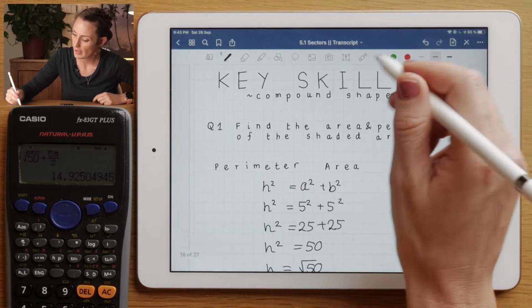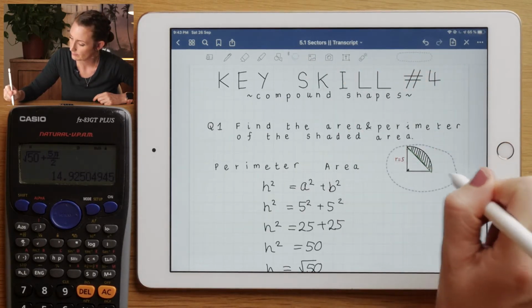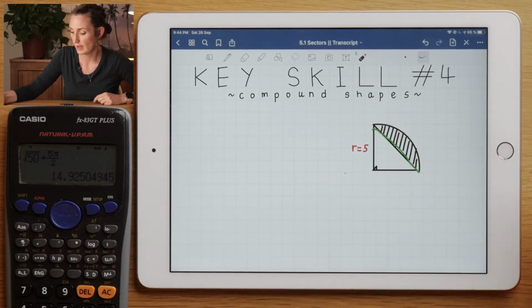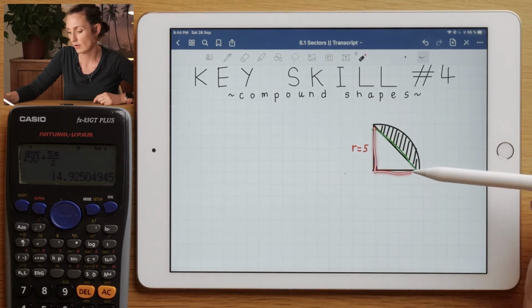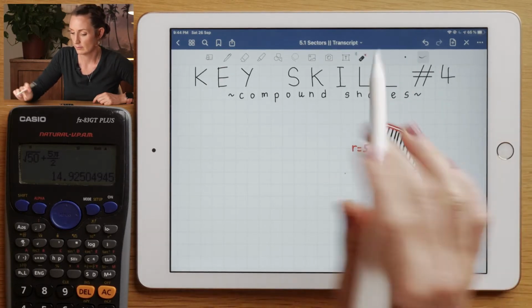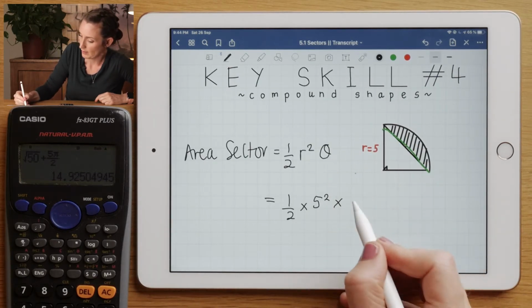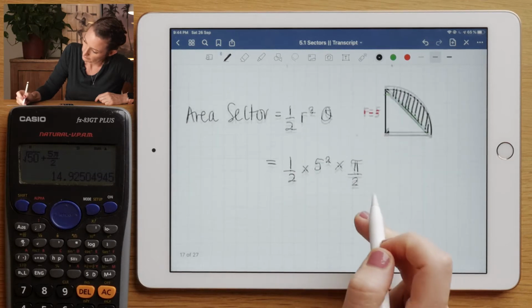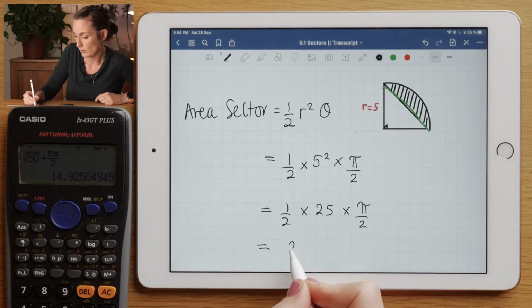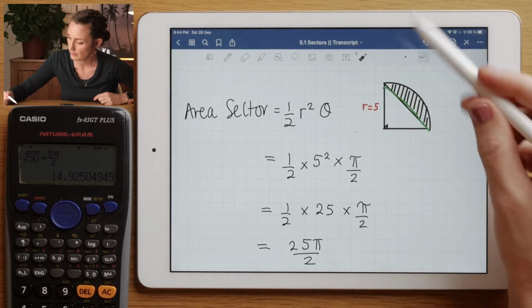Let's have a look at what the area of the shaded region would be. We could start with calculating the area of the sector. And again, theta would be pi over 2. So it would be 25 pi over 4, and that would be this area.